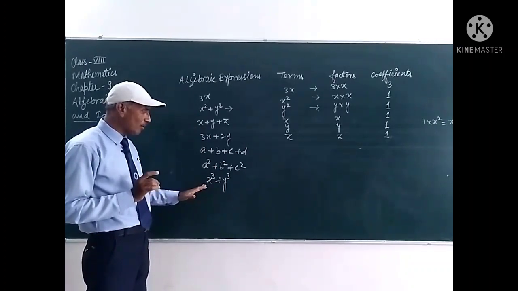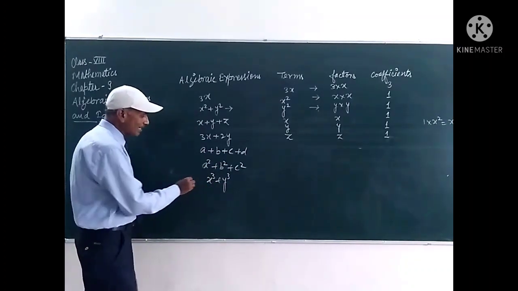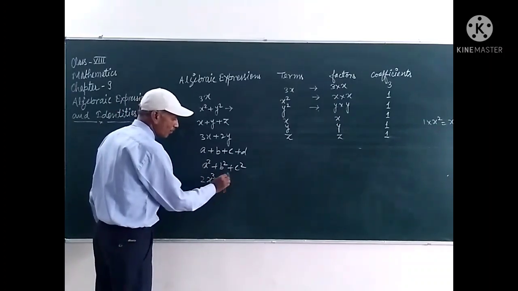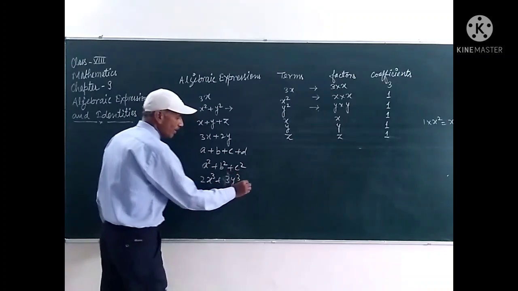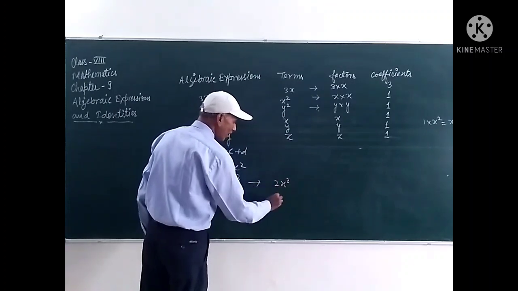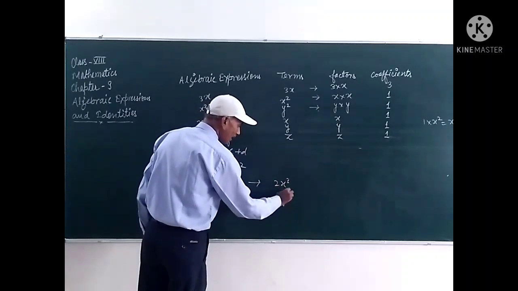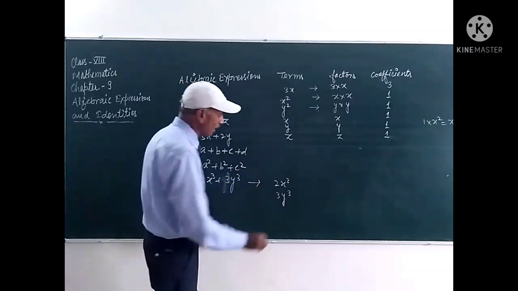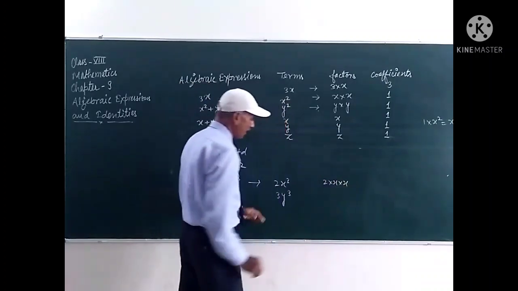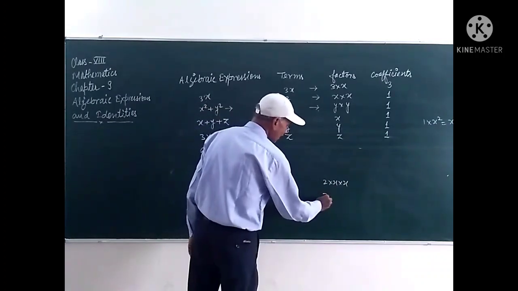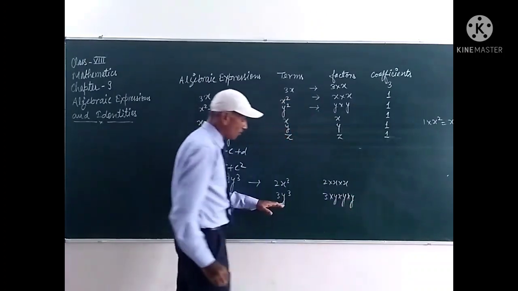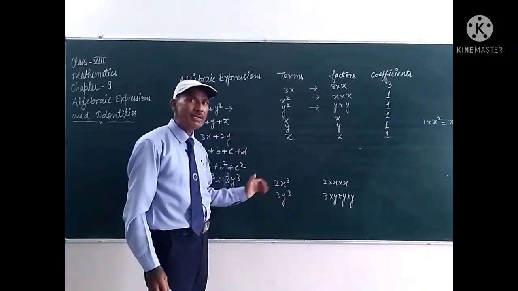And if we write here 2x cube plus 3y cube, the terms will be 2x cube and 3y cube. And factors will be 2 into x into x into x, and 3 into y into y into y, because it is y cube, we have to multiply y 3 times.